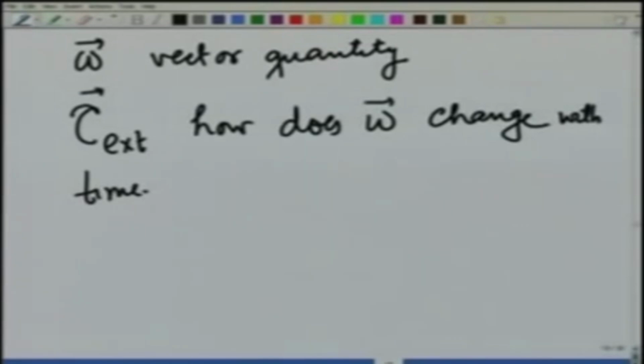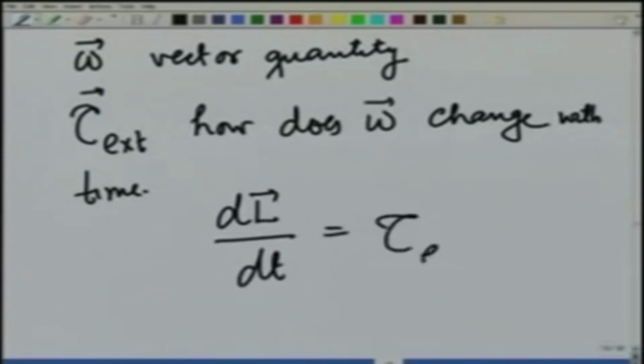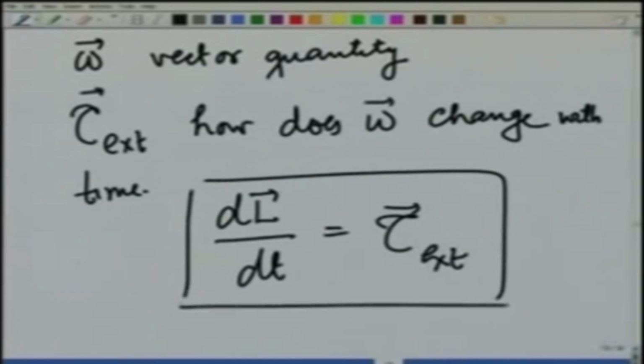The equation I know is that dL over dt is equal to tau external. So, to relate the change of omega with tau external, I need to relate L, the angular momentum, and omega, and this is what we do next.